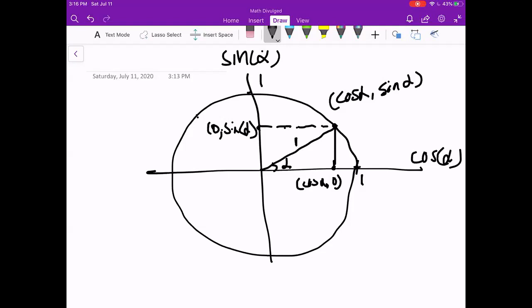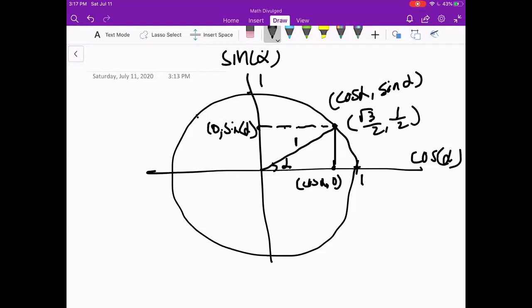So if alpha is equal to 30, then this point would be equal to root 3 over 2, comma 1 over 2. That is because cosine of 30 degrees is equal to root 3 over 2, and sine of 30 degrees is equal to 1 over 2. If we plug these into cosine of alpha, comma sine of alpha, we get the corresponding point on the unit circle.